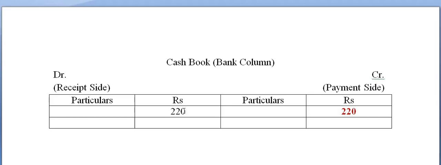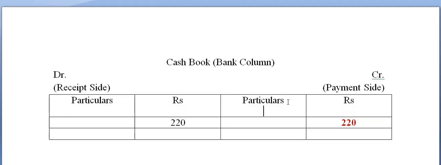But in the passbook, for the time being you assume it to be the passbook side, 220 has been reduced. The payment has been already made by the bank. But in the cash book you have recorded it to be 220.